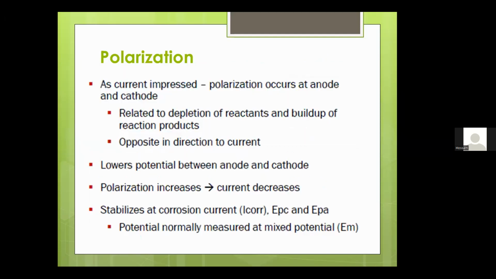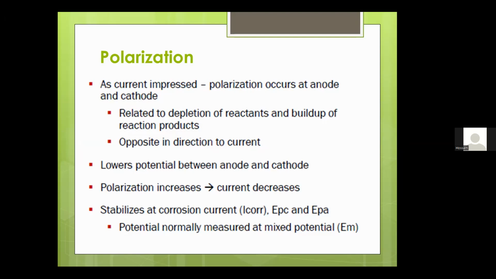Polarization. As we inject current to the metal surface, what happens? The polarization occurs at the anode and the cathode. Polarization is related to depletion of reactants and buildup of reaction products. The polarization behavior is opposite to the direction of the current or the corrosion current.